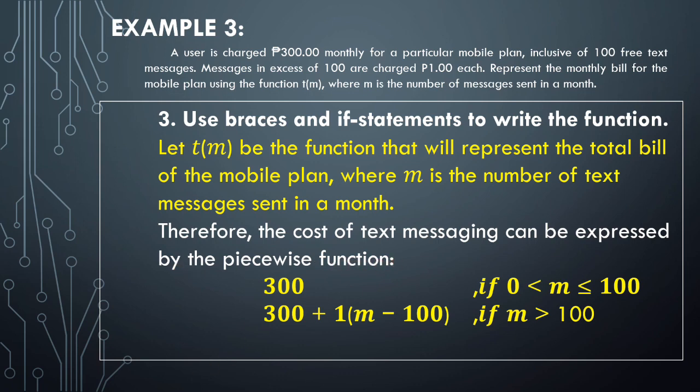We put braces in the function, and this will be our final answer. Let's read again: T of m is equal to 300 if m is greater than 0 but less than or equal to 100, and 300 plus 1 times the quantity of m minus 100 if m is greater than 100.